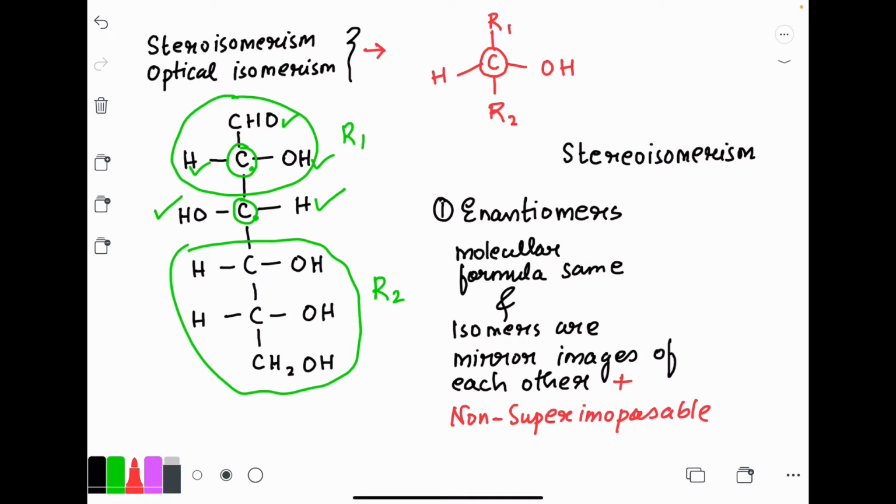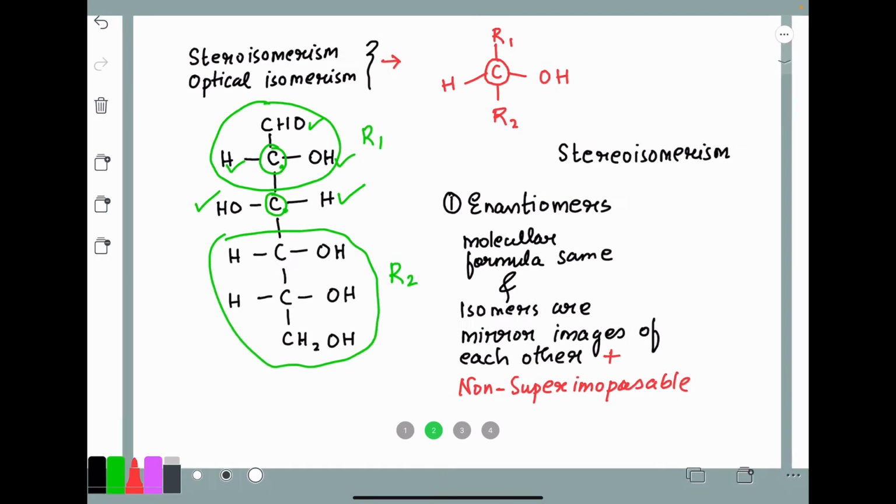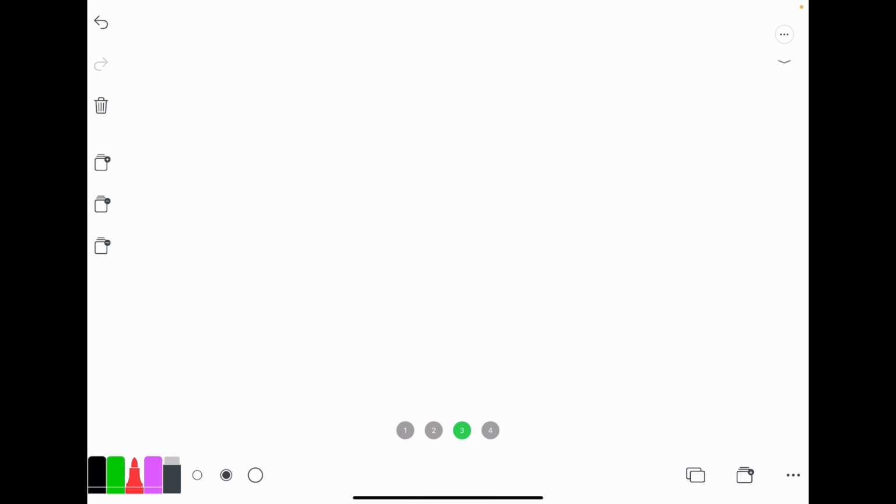Okay, so they are mirror images of each other and they are non superimposable. Another type is diastereomers.